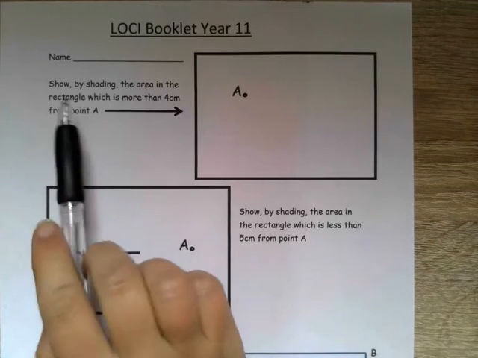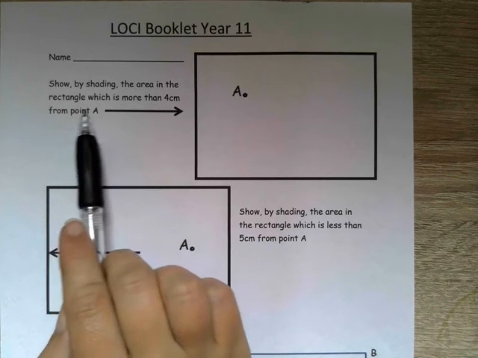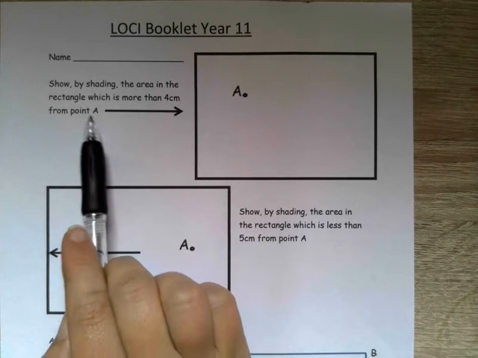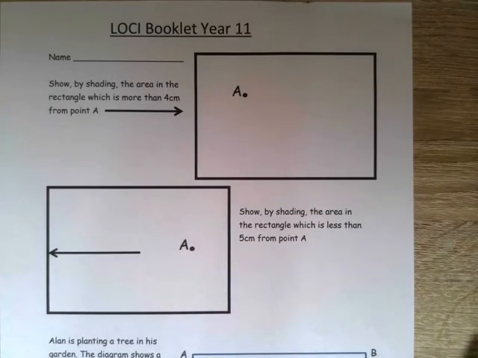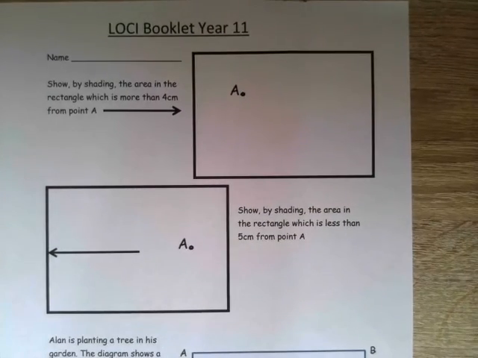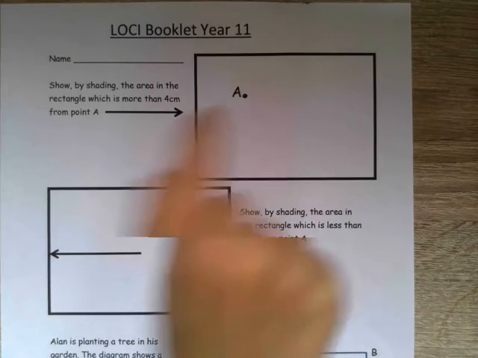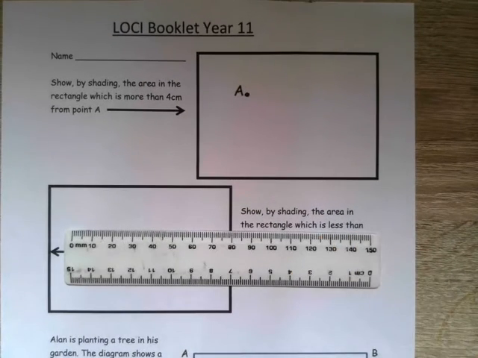So the first question here, we've got to shade in the area in the rectangle which is more than 4 centimetres from point A. So this is just to do with one point, and we want all the points that are more than 4 centimetres. When it's just to do with one point, it's just a nice easy circle.